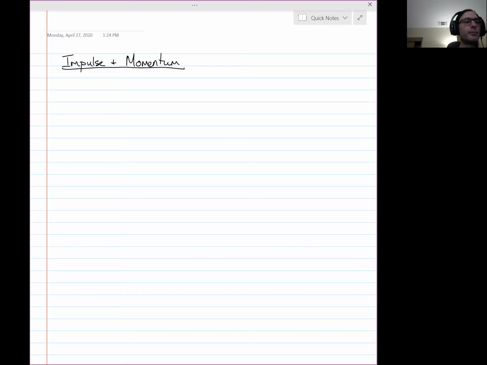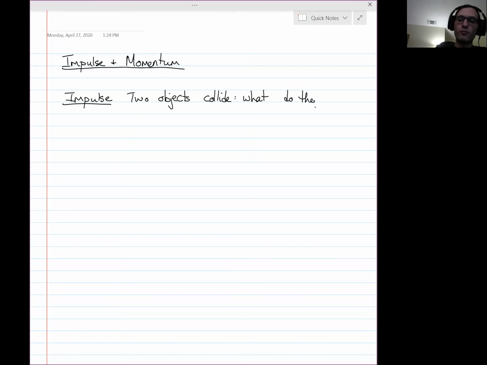All right, so we have some terms to define. So impulse, we first have to discuss what impulse is. If two objects collide, what do they have in common? This might seem like a weird question, but if we want to come up with more physical principles, this is a reasonable question to ask.